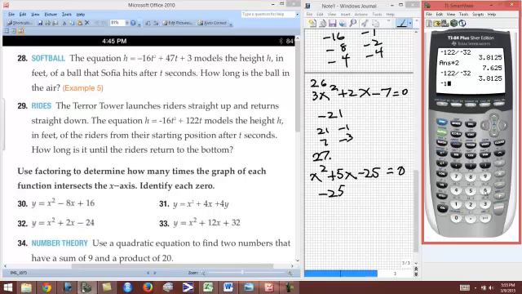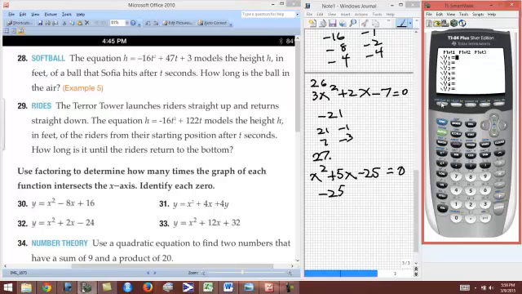So negative 16 times the answer squared plus 122 times the answer. Then C is 0, so we just hit enter. There's our maximum, 232 feet.